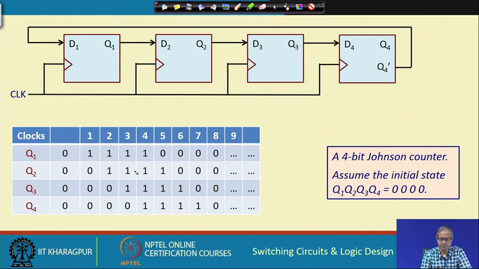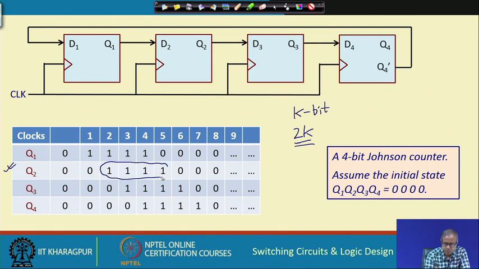This is something you have to remember, that if we have a k bit Johnson counter, there will be 2k unique patterns that you can generate. Now, there is another point, that ones and zeros are consecutive. If you look at any one of the outputs, let us say Q 2, looking at one cycle, you see all the ones are consecutive, they are together.